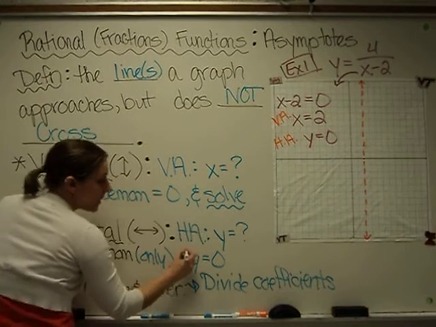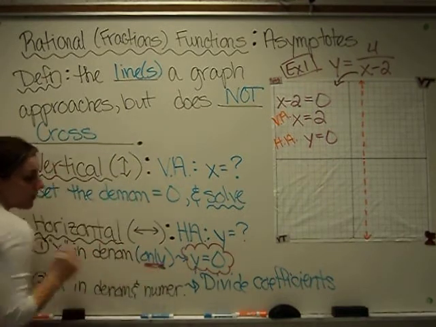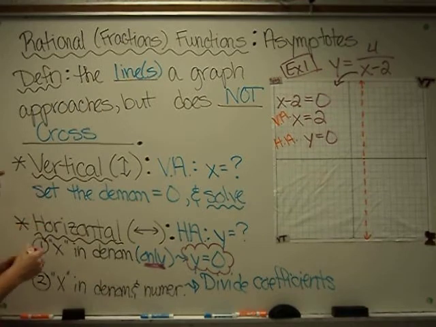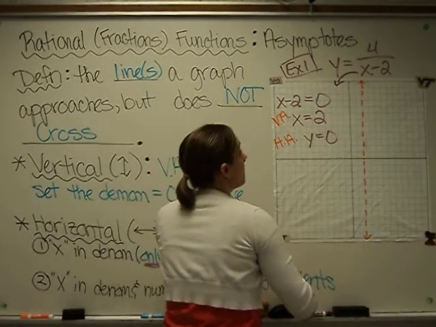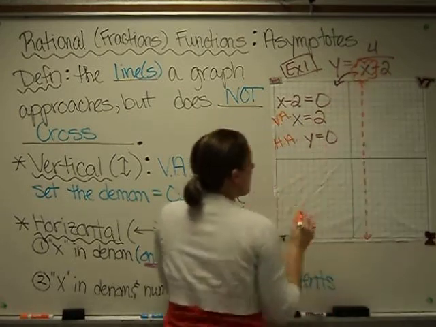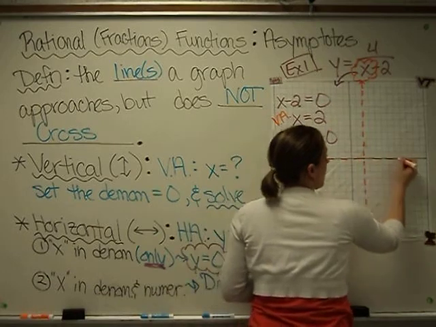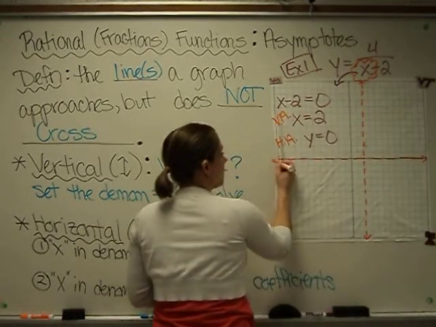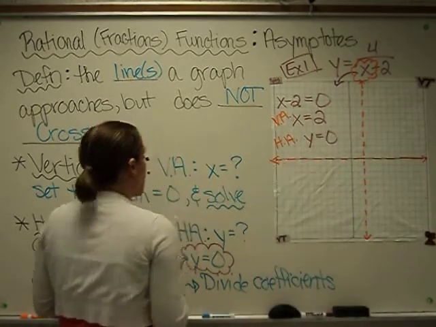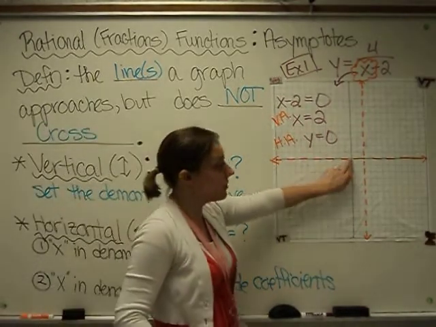So it's always that y is 0 if it's the only place that it is. Okay, so since y equals 0, because this is the only place where x shows up, that means it's just this, the x-axis. Okay, it's horizontal, so it's got to go across, crosses at 0.